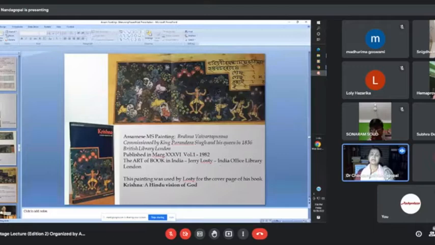When I got my fellowship at the Victoria and Albert Museum, London, in 1992, exactly 30 years ago, Jerry Losty was a dear friend of all Indian scholars. He was in charge of the India Office.